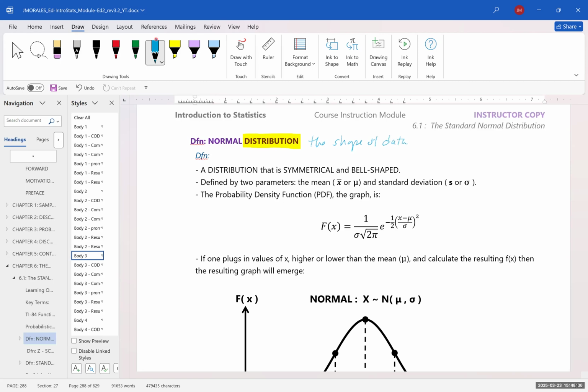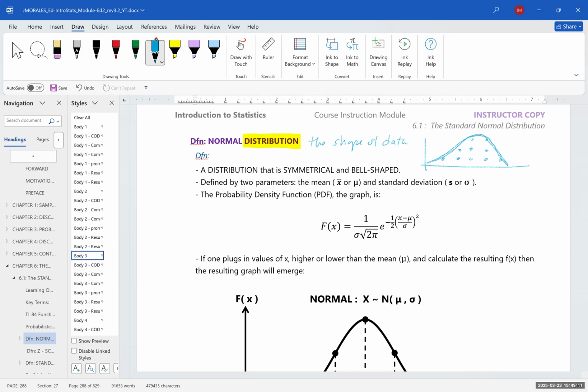So if you were to take the data and create a dot plot of the data, and let's say it looked something like this, then you could draw a line over the top of it, trying to conform to the shape of the dot plot itself. And this line that we drew, we would say that this is the shape of the distribution.